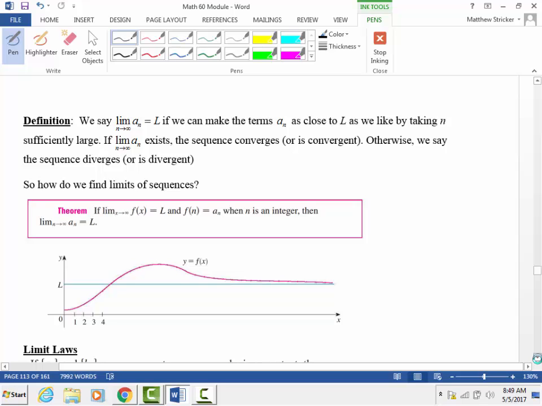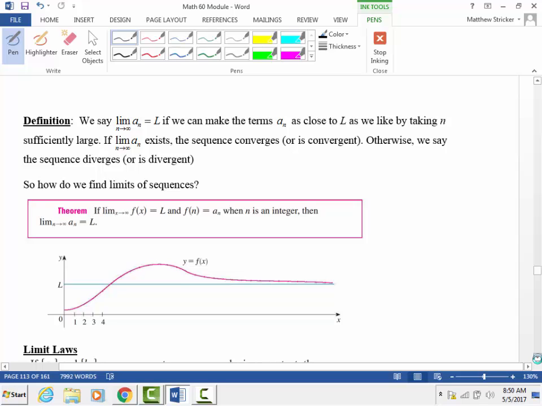If we have some function, and the limit of that function approaches L, and for that function f, instead of applying it for all x's, you only apply it for the integers n, and f of n is equal to your sequence a sub n, then the limit of a sub n is also equal to L. In other words, if you take the limit of the function, you get L, and that function models the same thing as the sequence, then whatever limit you get for the function is also the limit for the sequence.